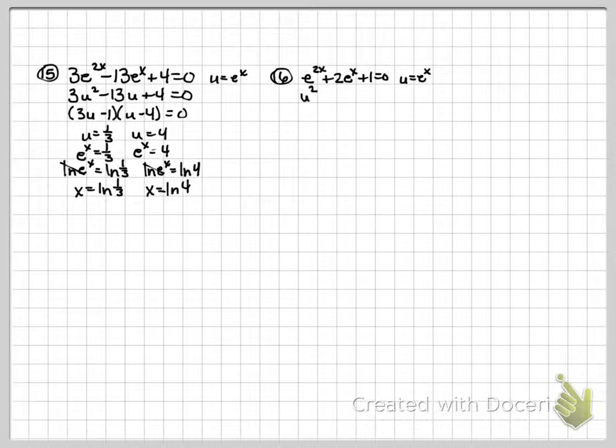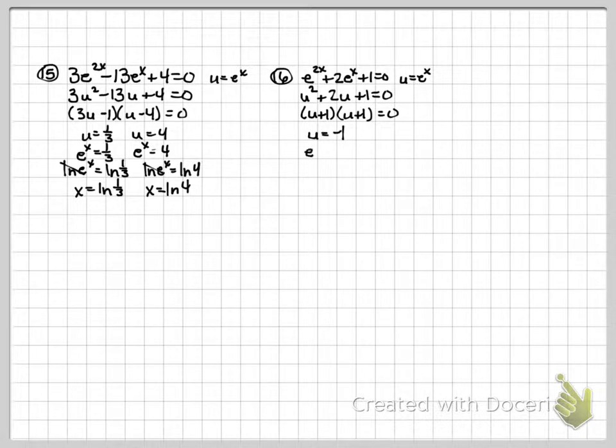So I get u squared plus 2u plus 1 is equal to 0. This factors to be u plus 1 and u plus 1 equals 0. So we have a multiplicity, so we have two of the same factors. So u would equal negative 1.